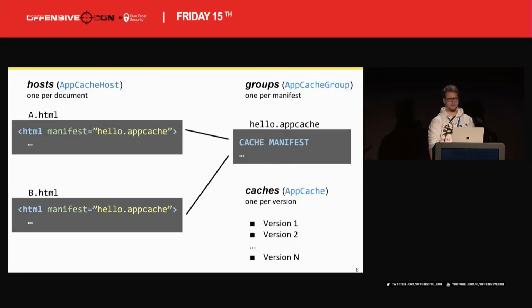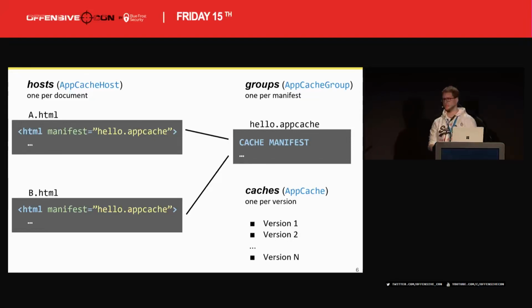Some quick terminology. This HTML document that you saw, in the spec, this would be called a cache host. And you can, of course, have several of these if you have several documents loaded. And then you will have one so-called cache group per manifest file that these reference. And in this example here, both documents actually specify the same manifest, so you have one group with 2 hosts.